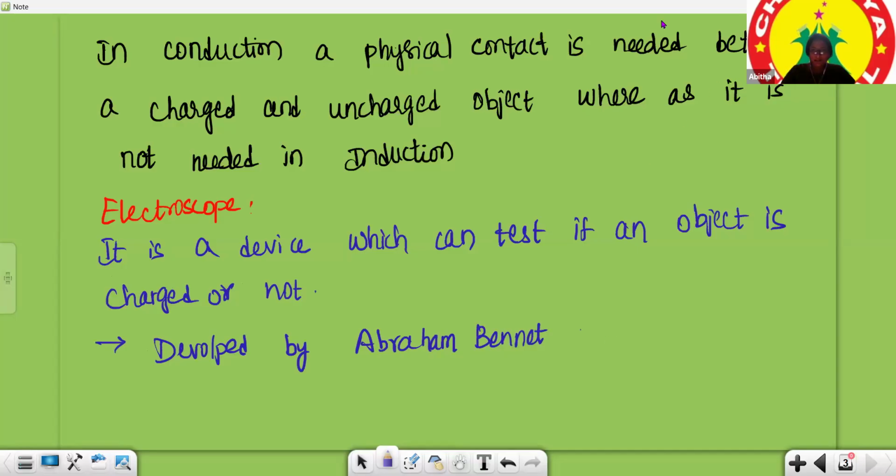Developed by scientist Abraham Bennett. Understand, students?